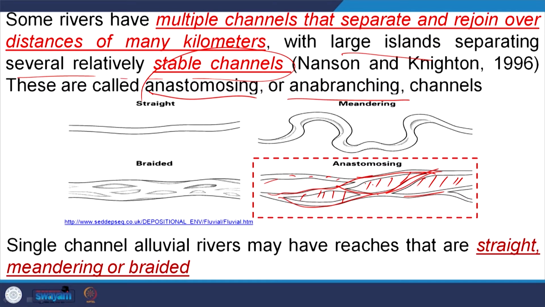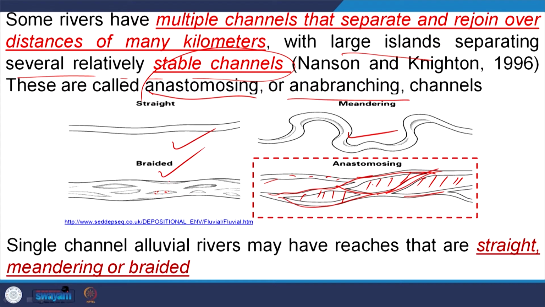Single channel alluvial rivers may have reaches that are straight, meandering or braided. So once we say multiple Thalweg, we are talking about anabranching channels, but single channels may be straight, meandering, or braided. A braided channel is only a single channel; though there are branches, they are not permanent.